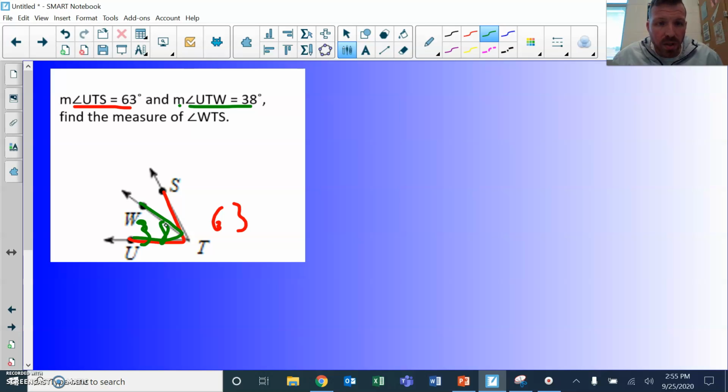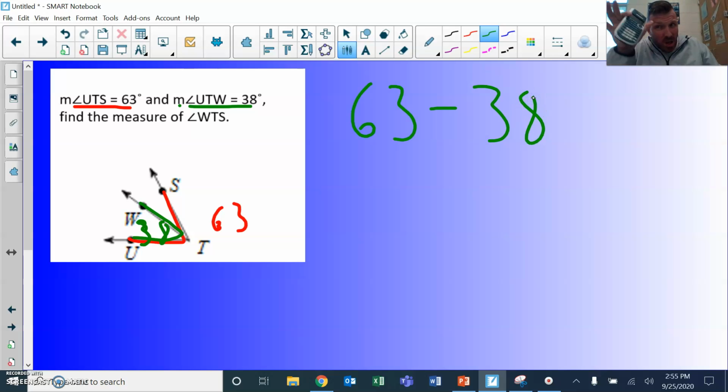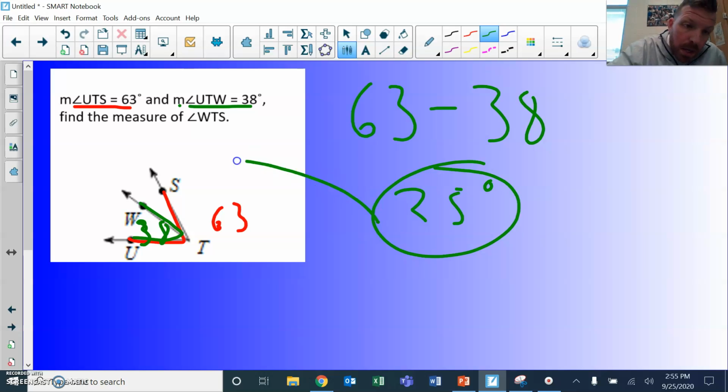So I take 63 and I subtract 38. Always get your calculator and type it in just to make sure you're right. So 63 minus 38 gives me 25. So 25 degrees is my answer for this problem, and that would be this angle right here. Woohoo! All right, let's keep going.